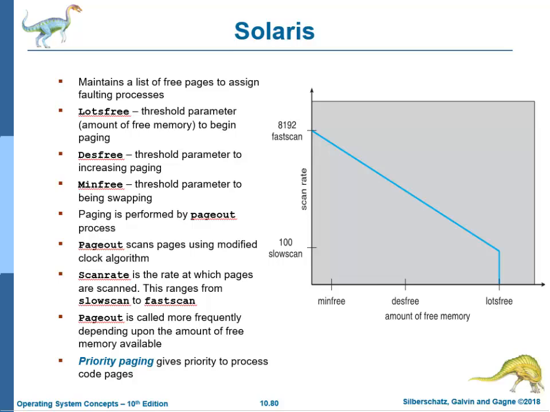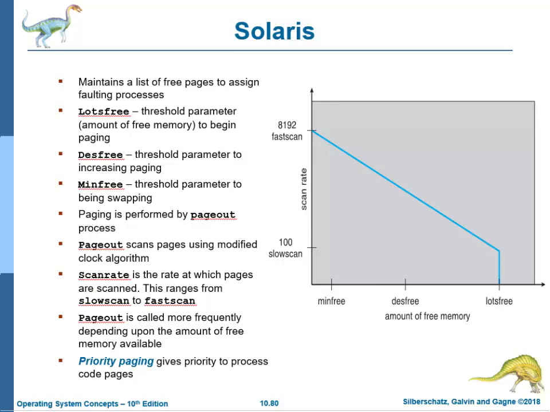The pageout algorithm uses several parameters to control the rate at which pages are scanned, known as the scan rate. The scan rate is expressed in pages per second and ranges from slowscan to fastscan.